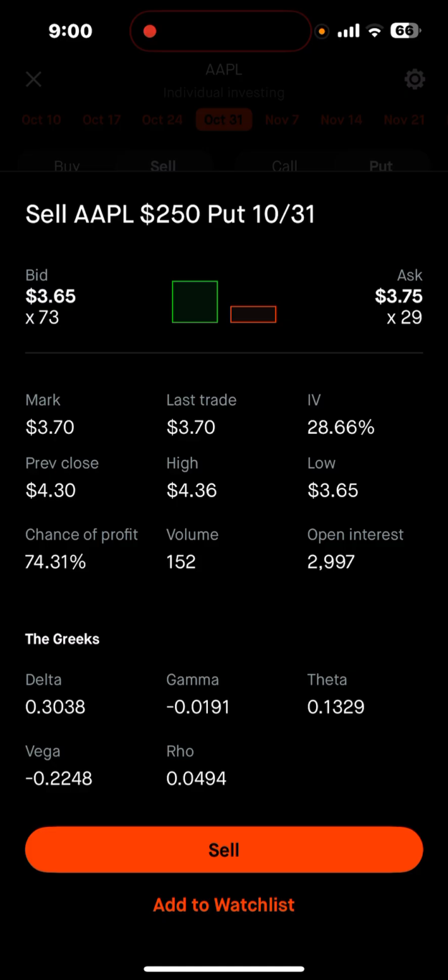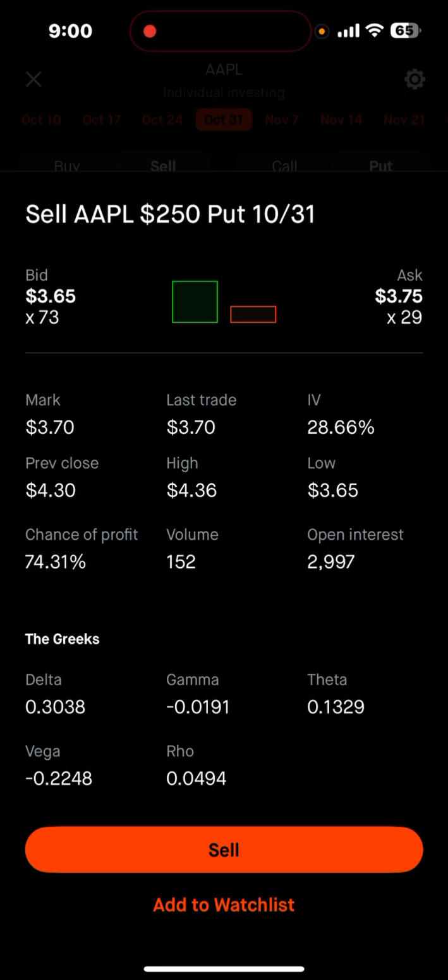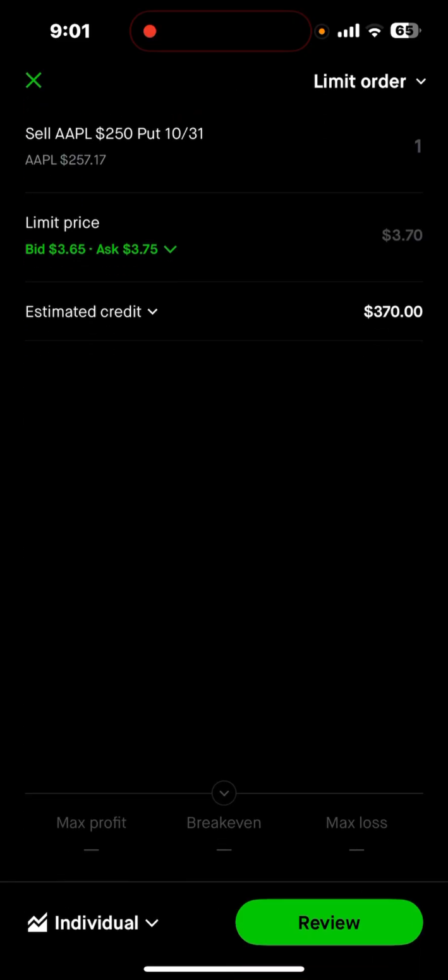On this day, either you keep all the premium, or you have to buy back 100 shares at $250. When you sell a put contract, one contract is equal to 100 shares. So you hit sell.